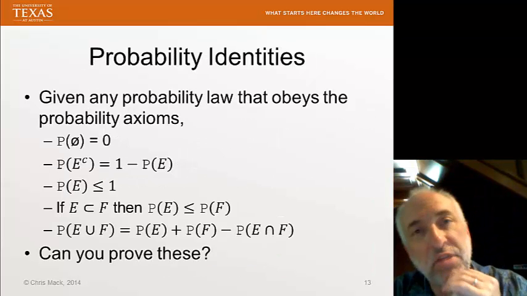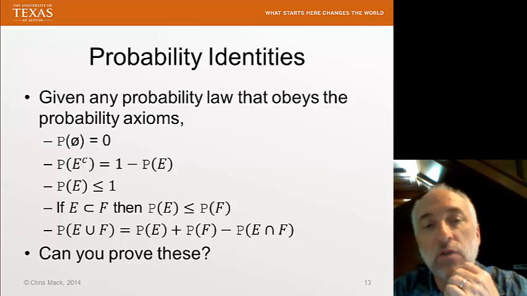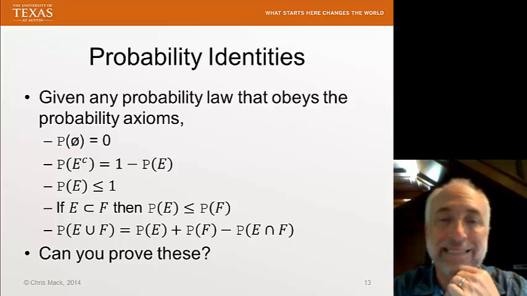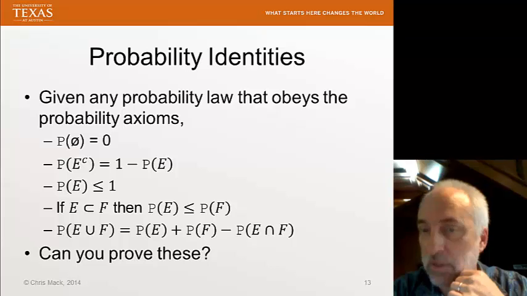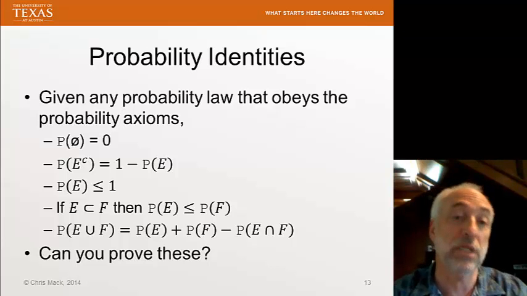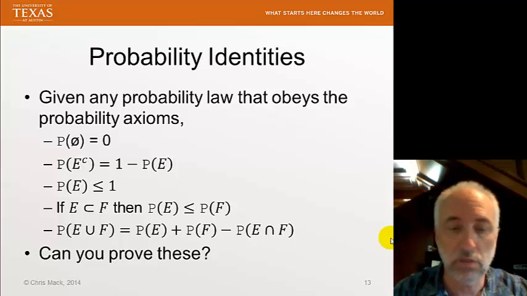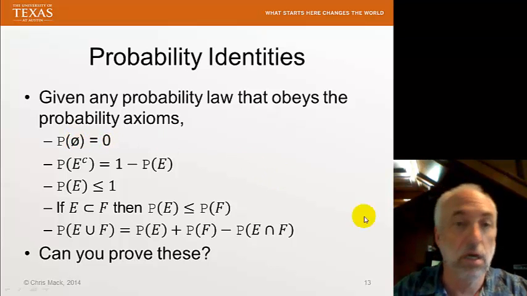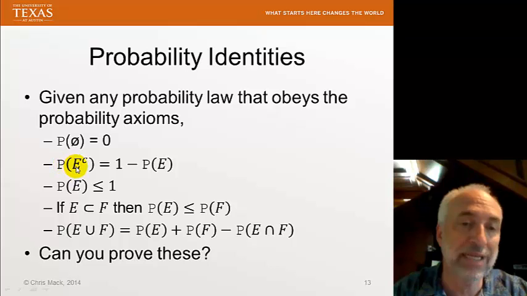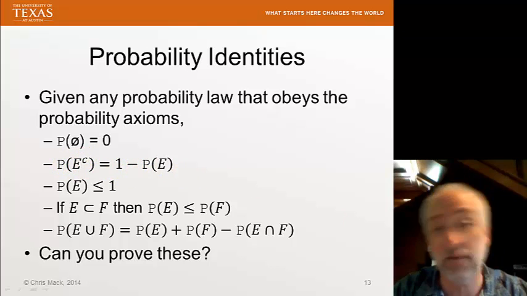Given the three axioms of probability, we can derive some probability identities. And these probability identities are pretty intuitive. In fact, we would be a little bit worried if we had a probability law that didn't follow these identities. For example, the probability of the null set is 0. The probability of the complement of some event is 1 minus the probability of that event.